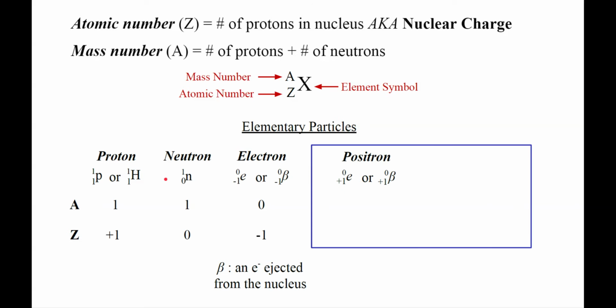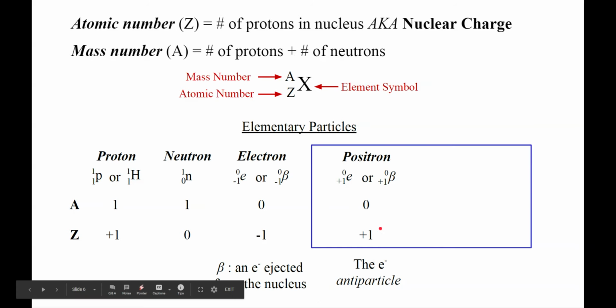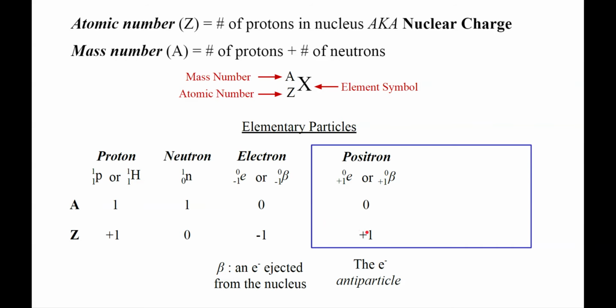But then there are a couple of others. There's the positron. This is not a particle physics class, but a positron is the antiparticle of the electron. All matter has what's called antimatter, and it has pretty much the exact same properties but the mirror image. In this case, it has the same mass but the opposite charge, so it has the charge of a proton but the mass of an electron.